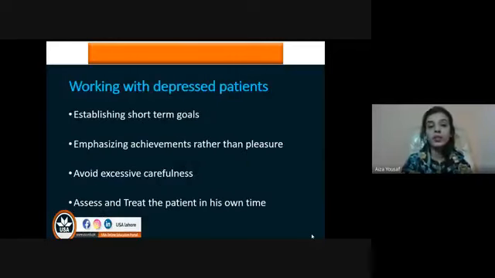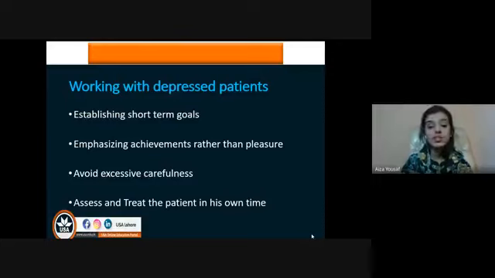So, how can we work with a depressed patient? How can we make a treatment plan or rehabilitation plan for such a patient? We can make short-term goals for the depressed patient, emphasizing achievement rather than pleasure, so that if they focus on achievement, they may forget about apathy or hopelessness.